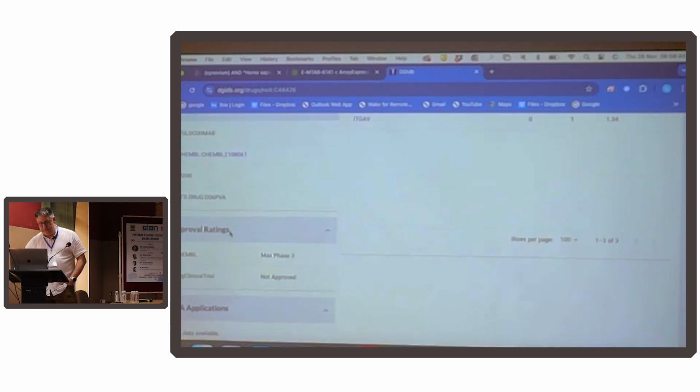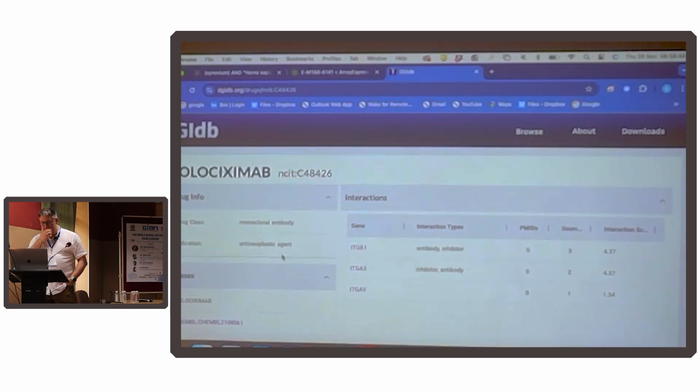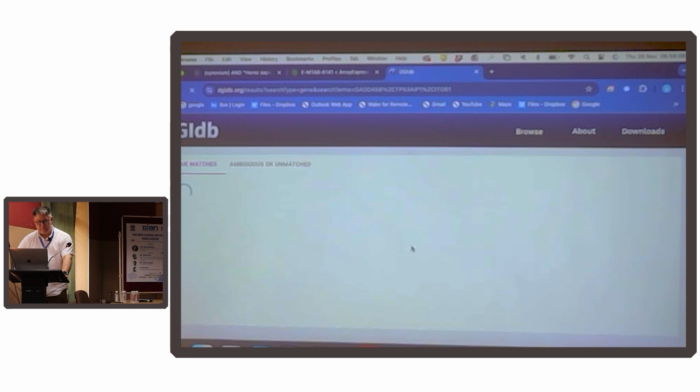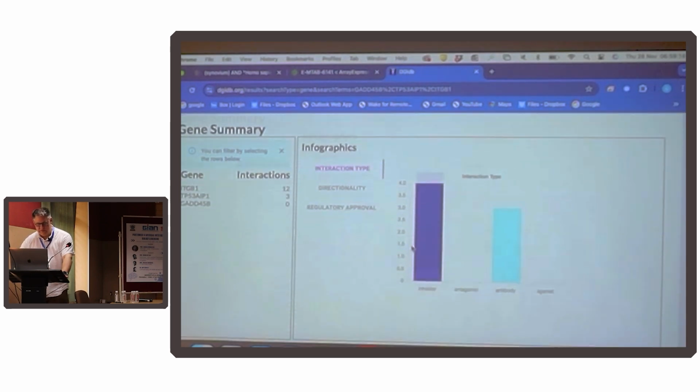It's been used up to phase 3, but there's not any FDA data linked. There were other interactions with integrin alpha 5 as well. So that's a potential target. Let's see what else we've got. So these are unique matches.